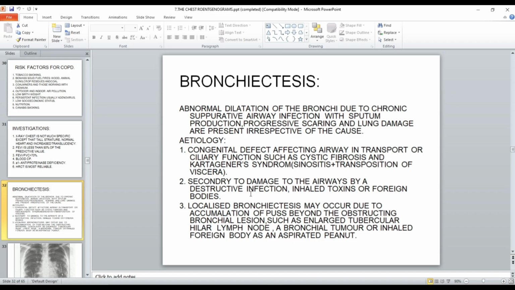Third, localized bronchiectasis may occur due to accumulation of pus beyond an obstructing bronchial lesion, such as an enlarged tubercular hilar lymph node, a bronchial tumor, or an inhaled foreign body, such as an aspirated peanut.